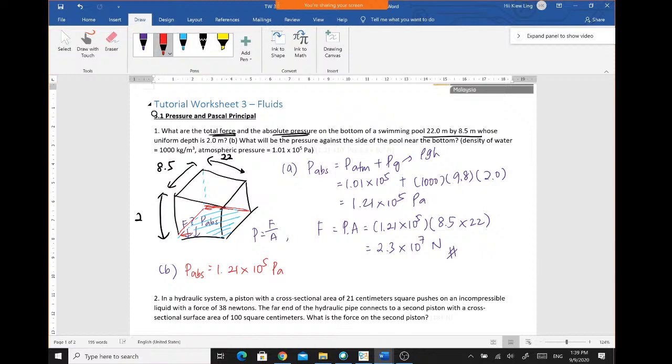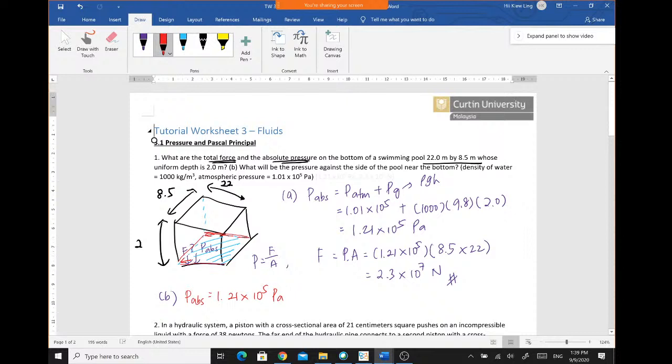The amount of pressure applied on the bottom and on the side near the bottom, let's say this is the swimming pool structure. The purple color here is 1.21 times 10 to the power of 5 Pascal.